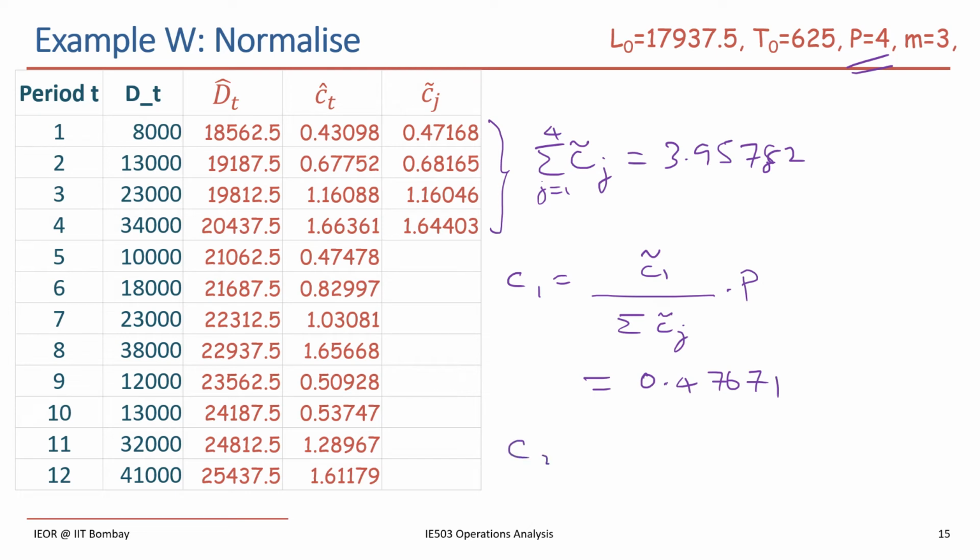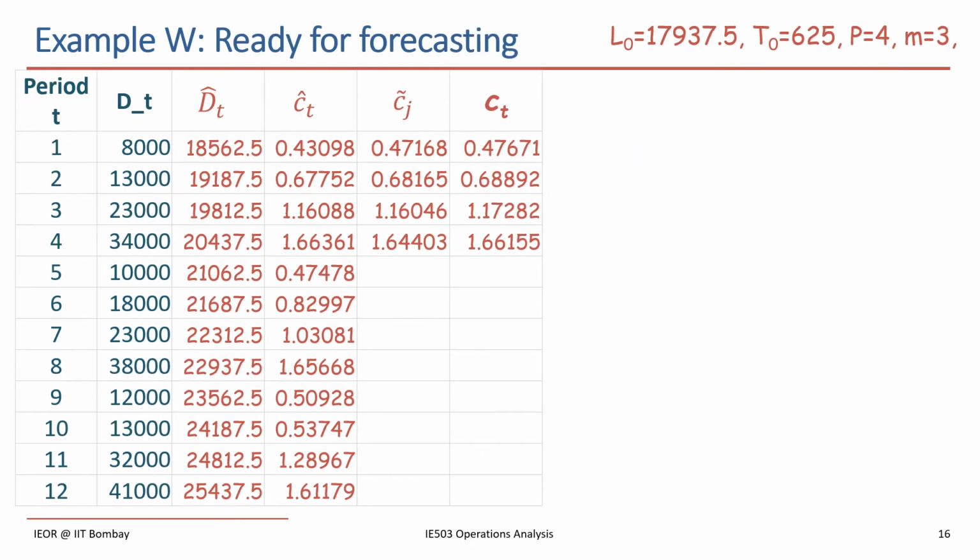Similarly, I can compute my c2, c3, and c4, which will complete the initialization process. The c values obtained by normalizing are shown in the last column of the table, which are these 4 values. Now the model is ready for forecasting.